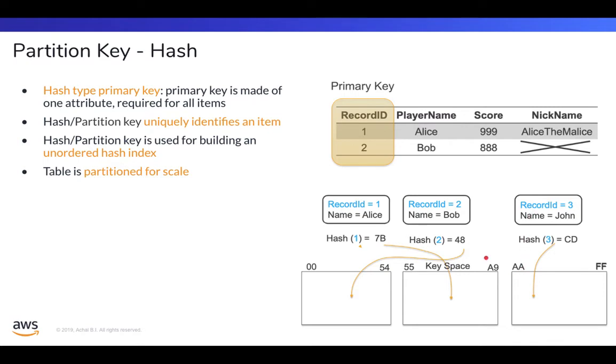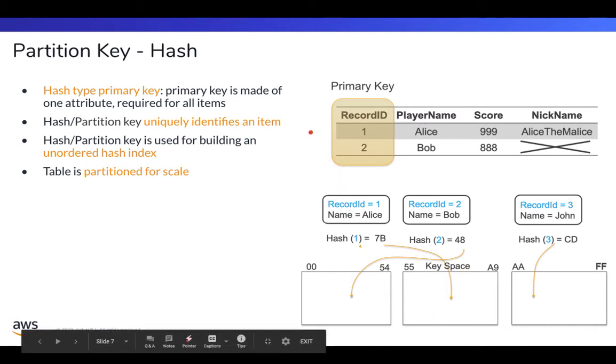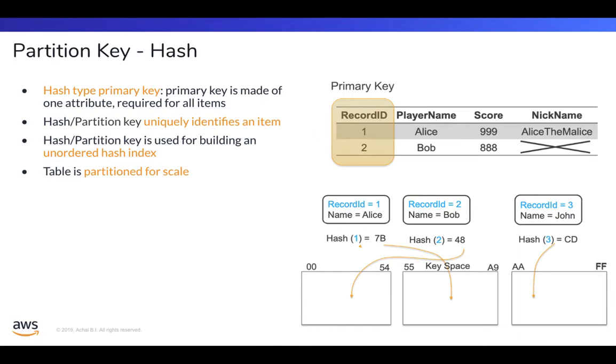Each partition key should be unique, and the item is uniquely identified by it. The partition key is used for building an unordered hash index, so inside the partition, the items are not ordered by the hash index. The table is partitioned for scale as well.